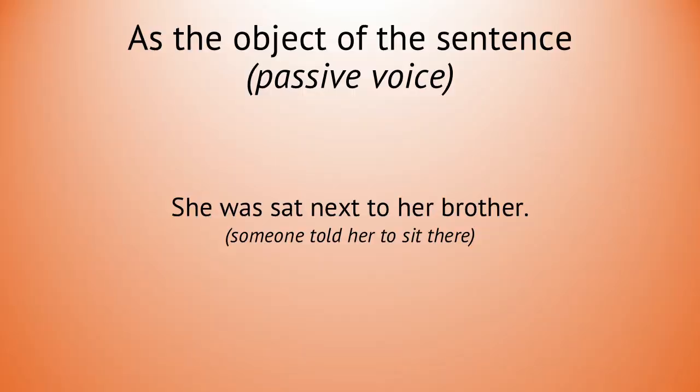The object is the person or thing in the sentence which is having the action done to them. So in this context, the person or thing is made to stand or sit by someone else. So for example, she was sat next to her brother would mean that somebody had told her to sit next to her brother. For example, the teacher told her to sit next to her brother, so she was sat next to her brother.